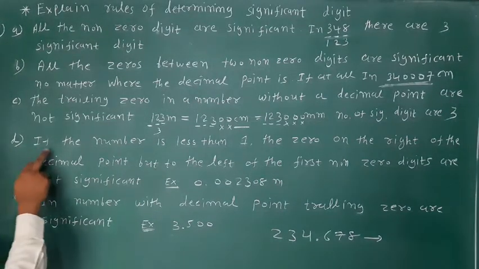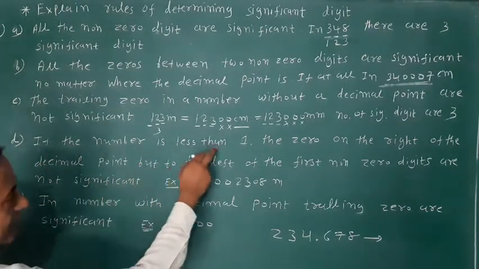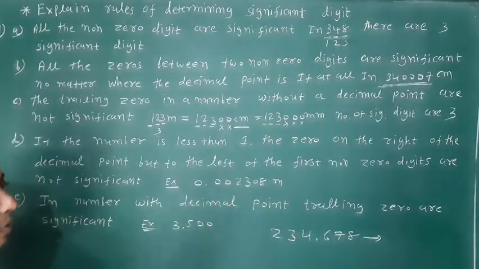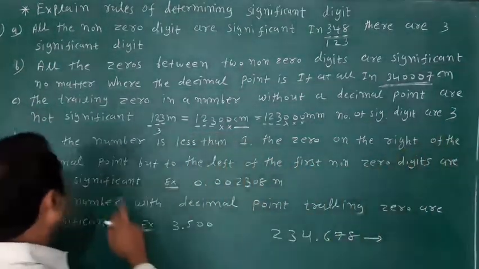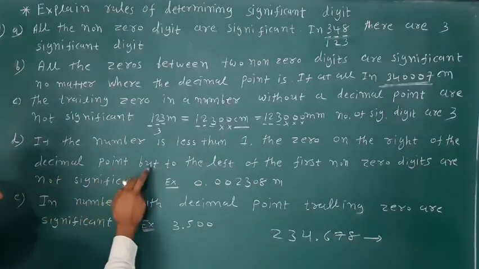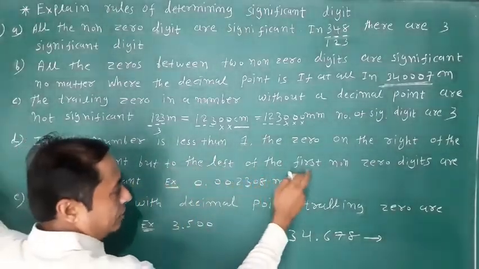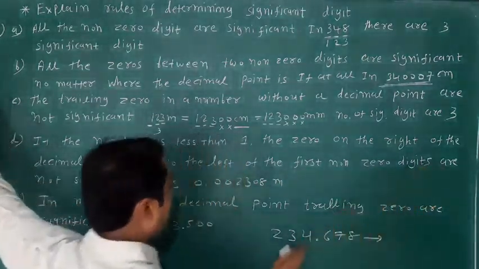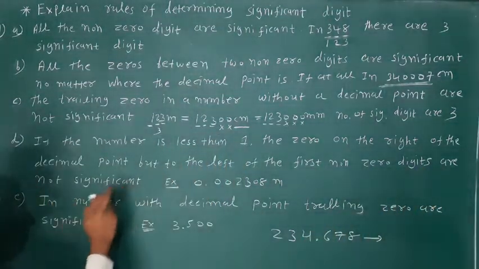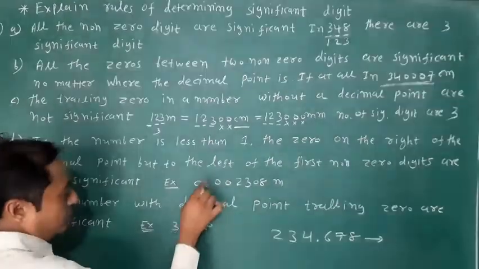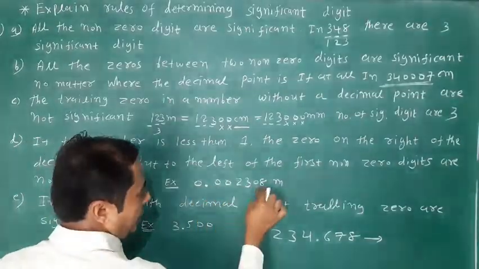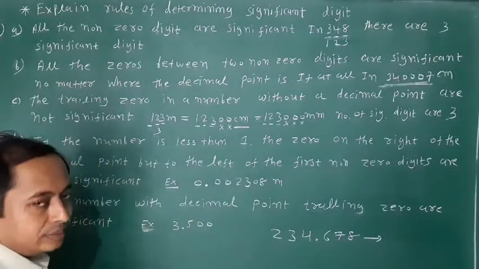Fourth, if the number is less than 1, means 0 point something, the zeros on the right of the decimal point but to the left of the first non-zero digit are not significant. Look here. Suppose 0.002308 is less than 1.